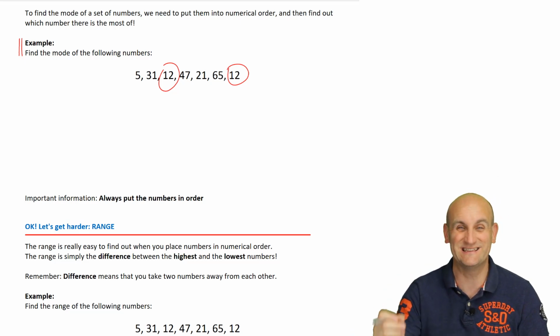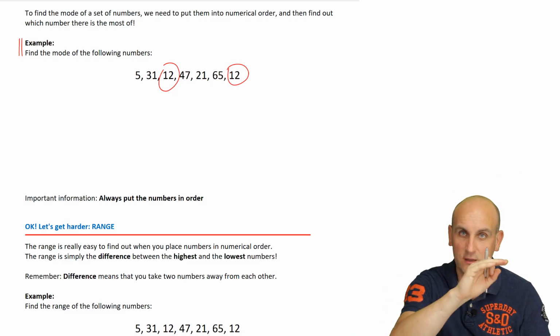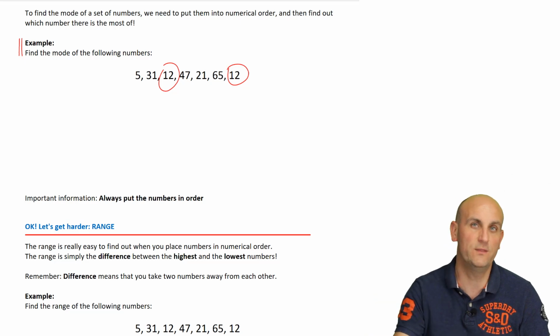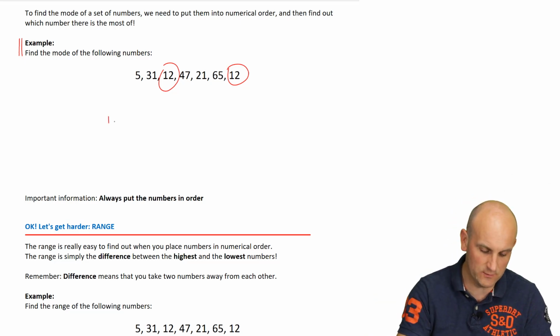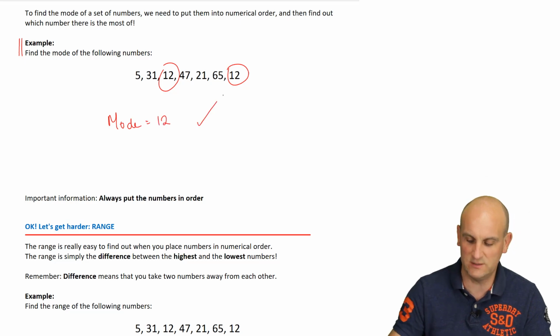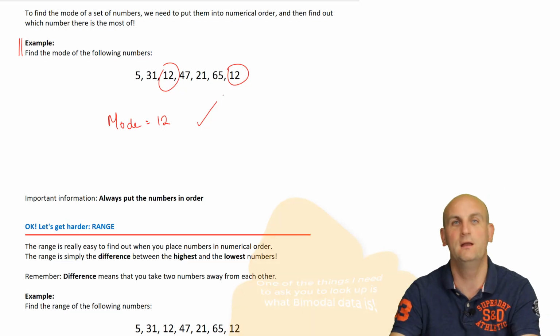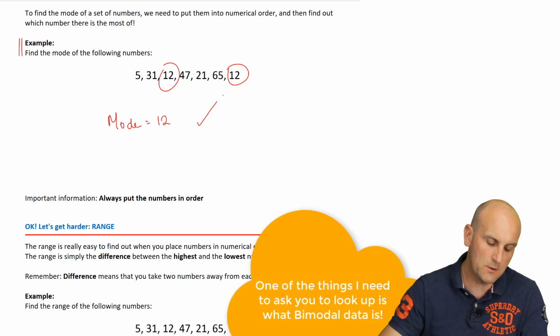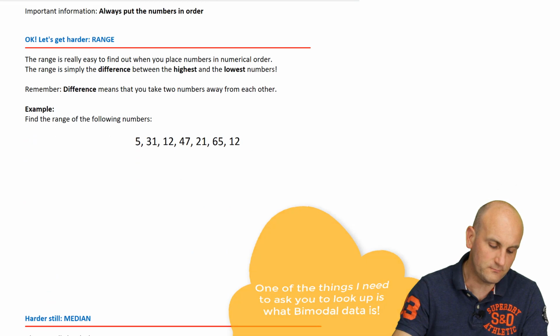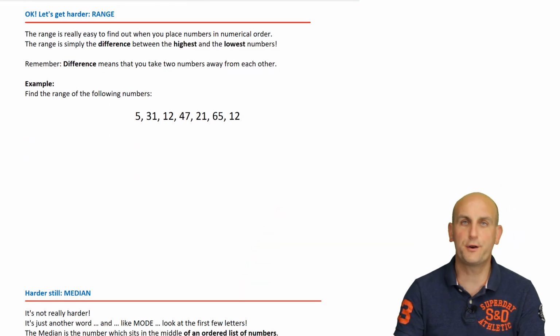And absolutely it is that simple. You are looking through a list of numbers to find the one that is the most common. And so I would happily write here, mode is equal to 12, and my teacher would give me a tick and a smiley face, and we would have got 100% in an exam, if only that was the case. So mode is one of them. What's the next one? Range.